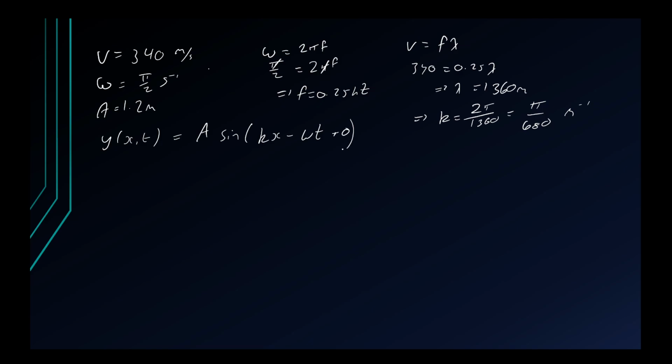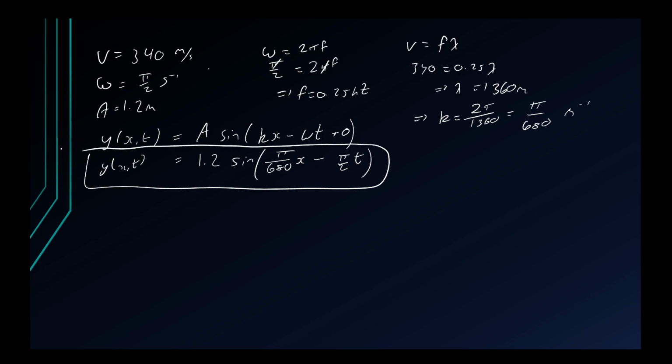So plus 0 on our phase shift. So we're going to get the amplitude is 1.2 sine of pi over 680x minus omega, which we know is pi over 2, so pi over 2 t. So that's the mathematical description. Again, I'll just write y of x comma t.